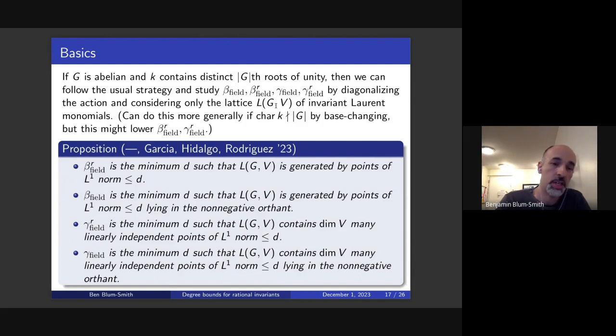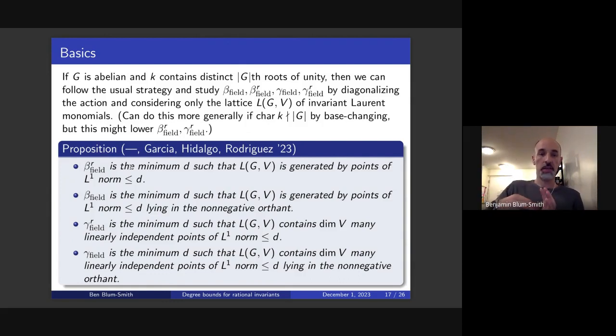So given that definition, here's what this adds up to. If you take all the points in the L1 ball of radius d, that corresponds to all the rational functions of degree less than or equal to d.